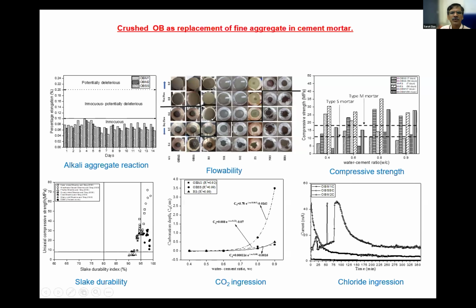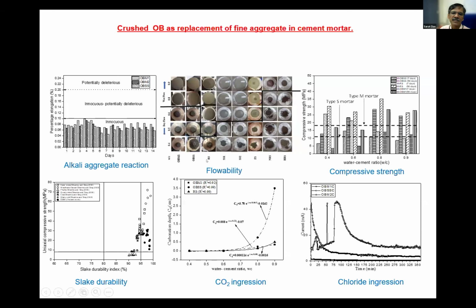The next parameter, when I am going to use it as an alternate sand, is flowability. Flowability relates to workability. Here I have shown the three crushed rocks from the coal mine overburden; they require more water compared to the standard sand or the river sand.